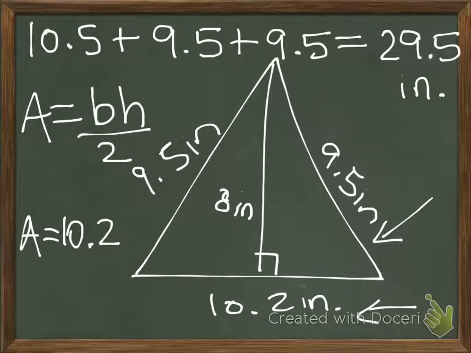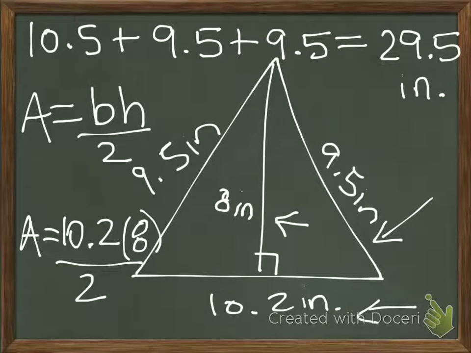It's going to be the straight up and down height from the vertex down to the base, and that's our 8. So we're going to do 10.2 times 8 divided by 2 to give us 40.8. And again, label that with inches squared.